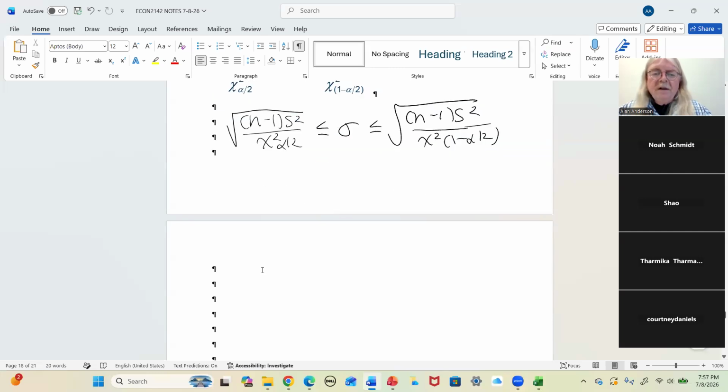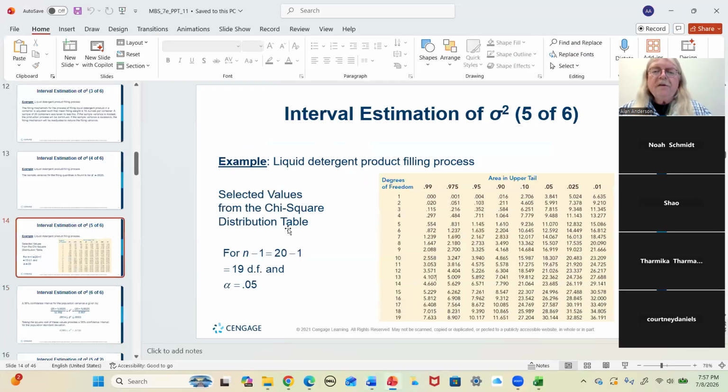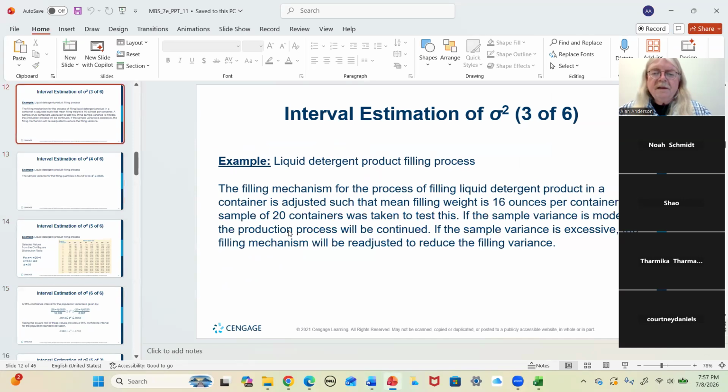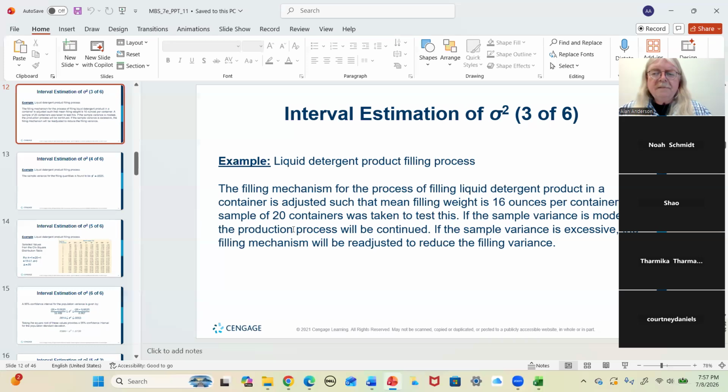It's an important number, but here we're going to test a hypothesis, or actually, we're going to construct a confidence interval for the variance. This is a very strangely worded problem.